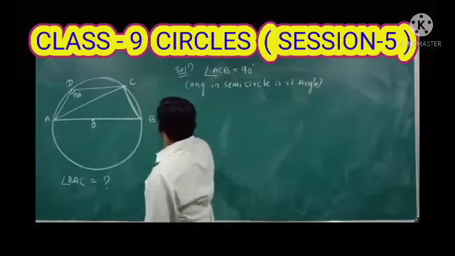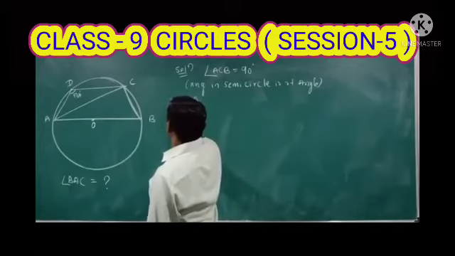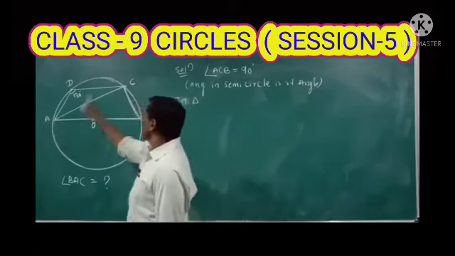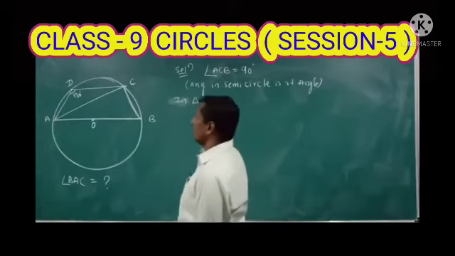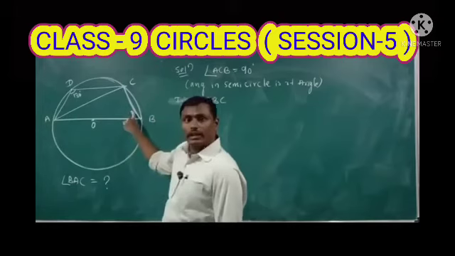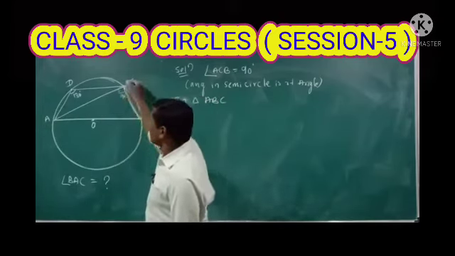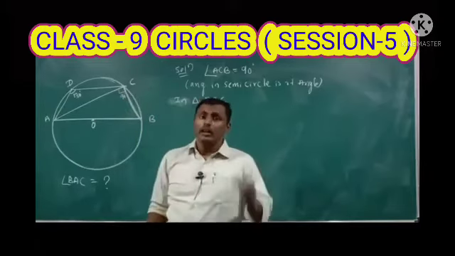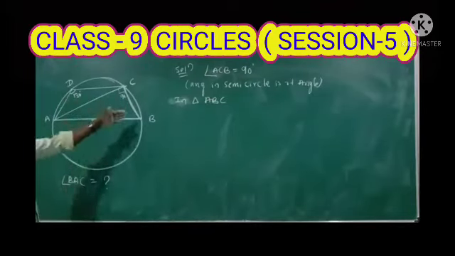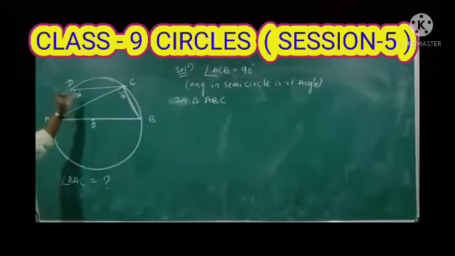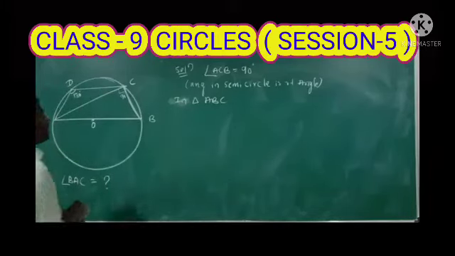Now consider the triangle ABC. In triangle ABC, we already know that this angle is 90 degrees. This mark simply indicates a perpendicular, which means 90 degrees. Before calculating angle A, they already told us ABCD is a cyclic quadrilateral, right?